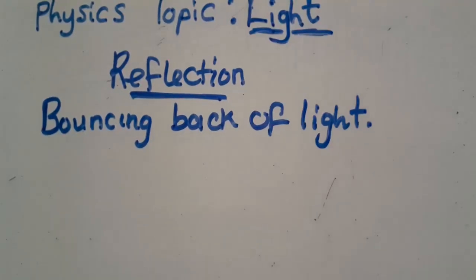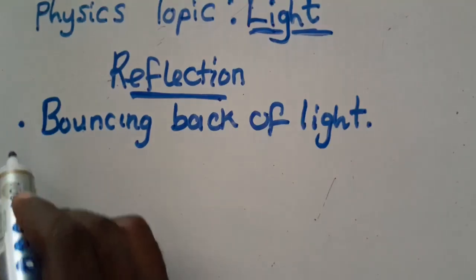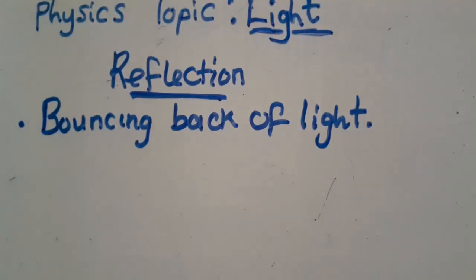So when it hits a flat surface, light has to bounce back. So when light bounces back, it means we are talking about reflection. This is what you need to know and understand.